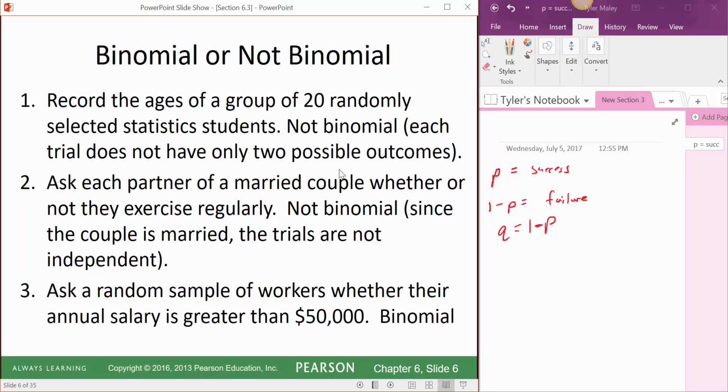That's the key there. So number 3, let's say we ask a random sample of workers whether their annual salary is greater than $50,000. And this is considered binomial. You're asking, is the annual salary greater than 50,000? That would be a yes or no case.